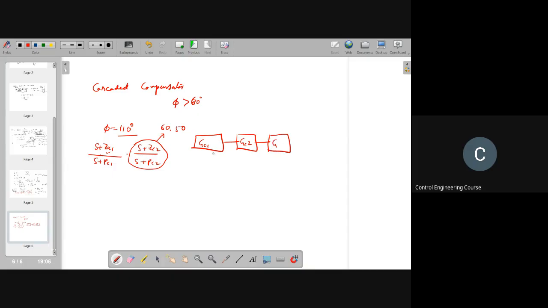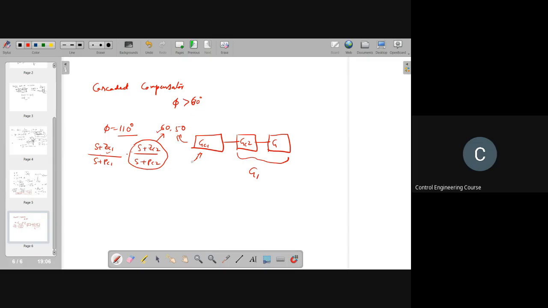First you design one compensator for a chosen compensating angle of 60 degrees. Then you consider this as the new G, G1, and the second compensator, GC2, has to provide the 50 degrees angle difference.